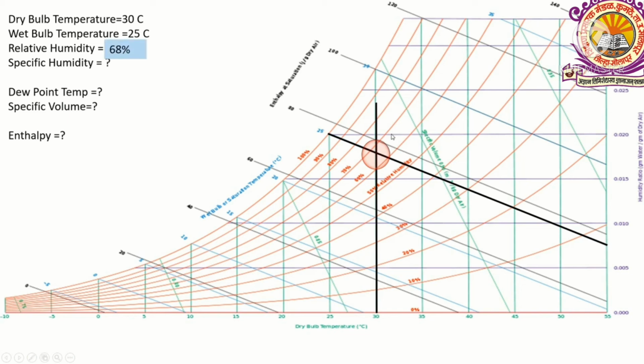You can see to which line the point is nearest, and according to that you take the value. Some little variation in reading is there, but it is tolerable.